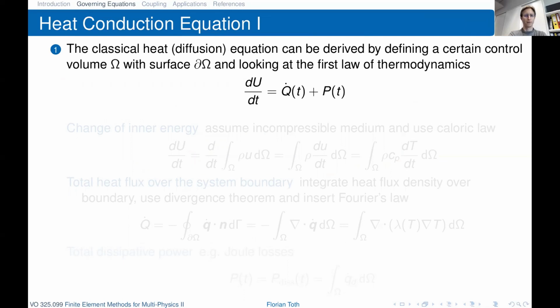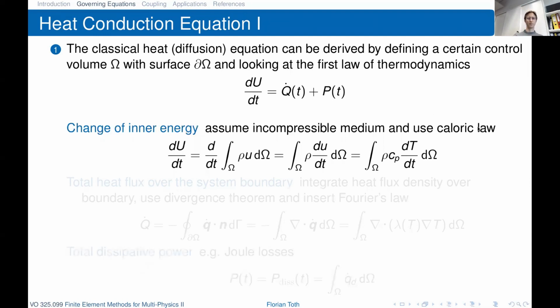And we can derive the heat conduction equation, the heat PDE, by looking at the first law of thermodynamics, which is given here as the change of the inner energy, which we obtain by heat transfer across the control volume and heat sources P within the control volume.